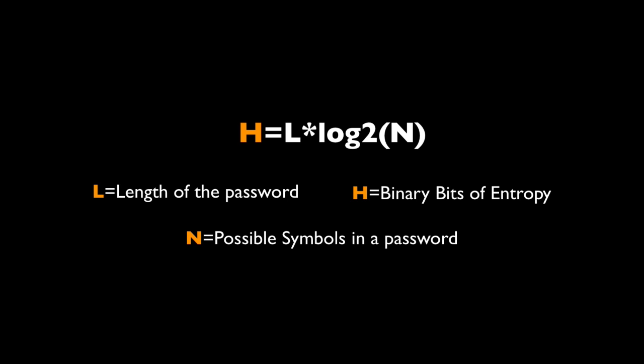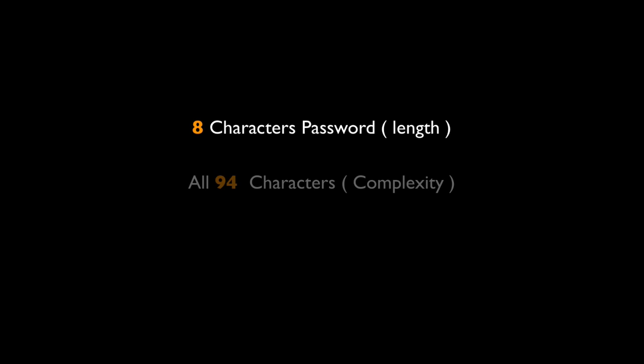And N is the number of possible symbols in a password. So a password length of 8 characters from the entire alphabet, that is uppercase, lowercase, symbols, and numbers, will get us to an entropy of 2 to the 52. So this password has about 52 bits of entropy, and it is a strong password.